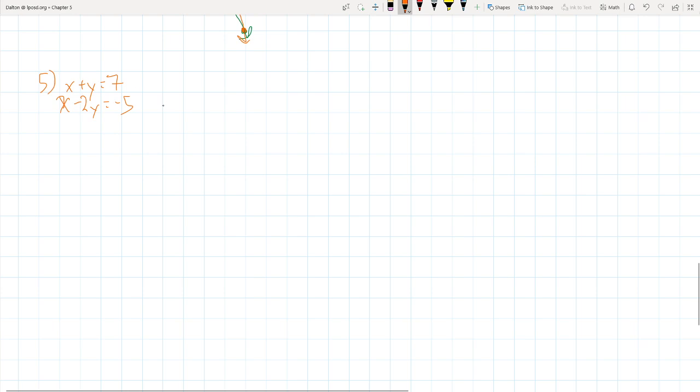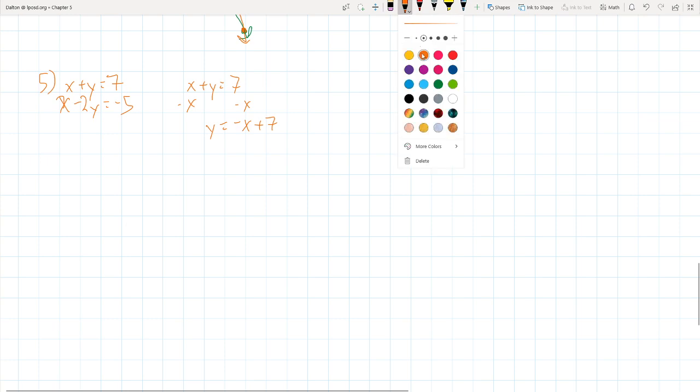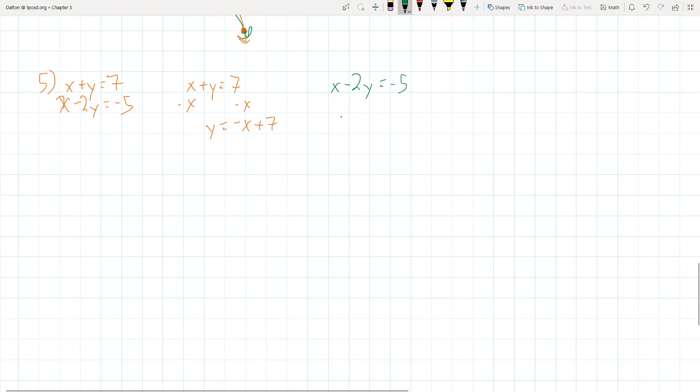So when we do this, again, we want to get that y by itself. So I'm going to go x plus y equals 7. I want to get y by itself, so I'm going to subtract x from both sides. So I get y equals negative x plus 7. For the other one, x minus 2y equals negative 5.